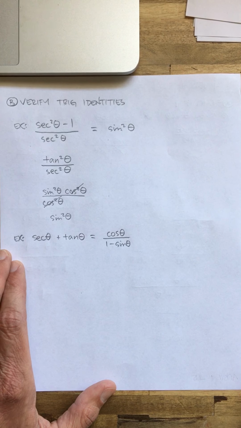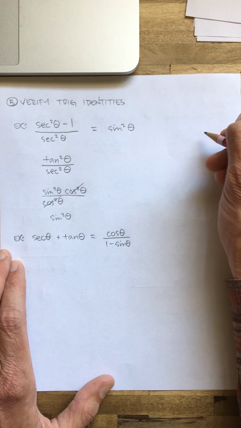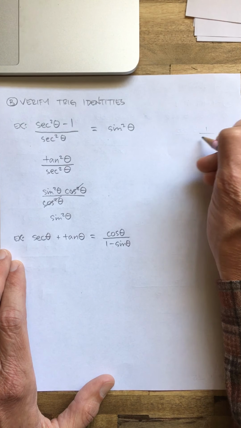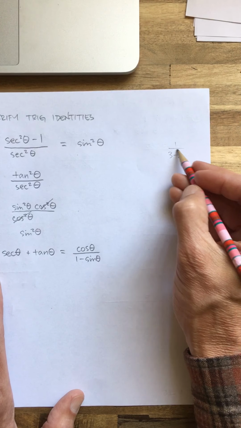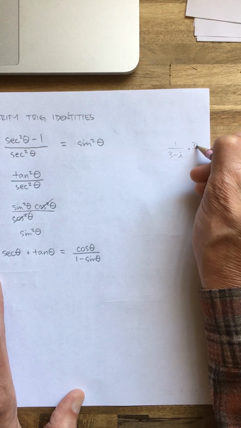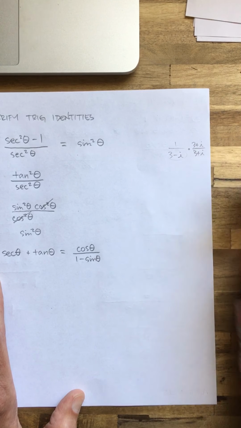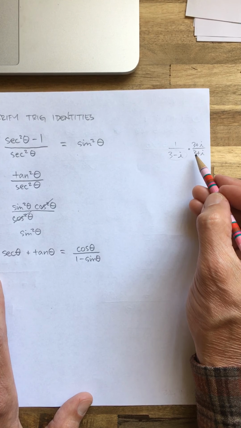Remember the term conjugate, multiplying by the conjugate? If I had something like 1 over 3 minus i, what would I have to do to simplify this denominator? I would have to multiply by the conjugate, so 3 plus i over 3 plus i. It was something you learned with complex numbers.